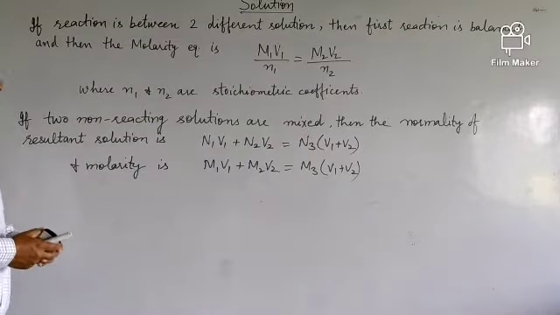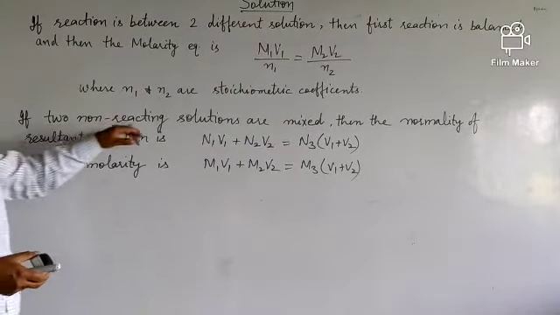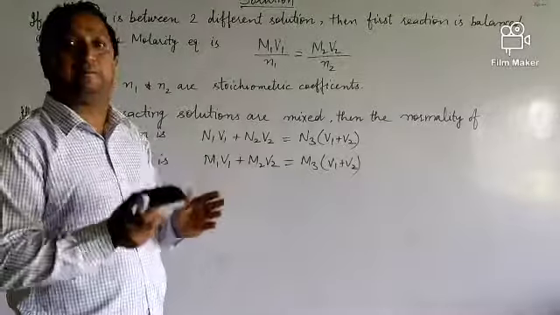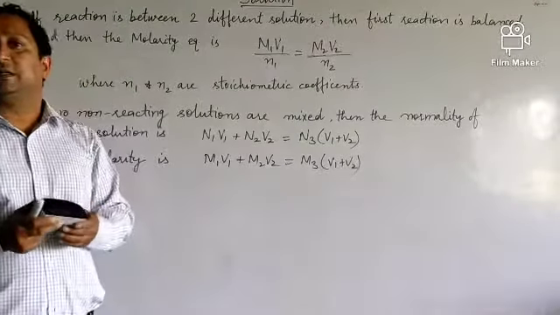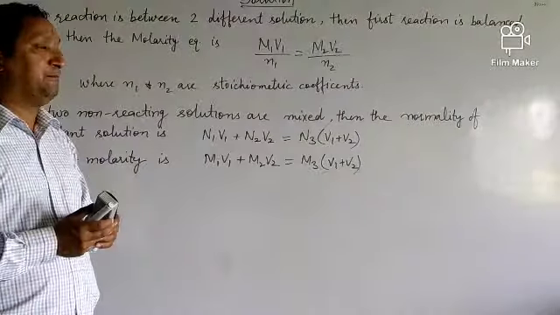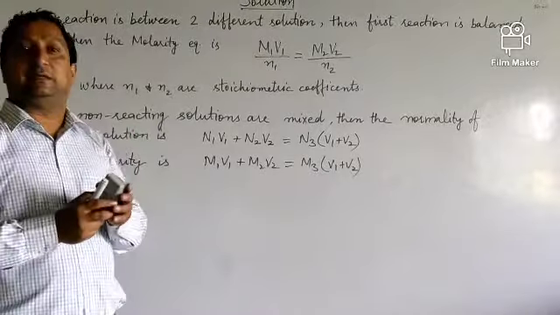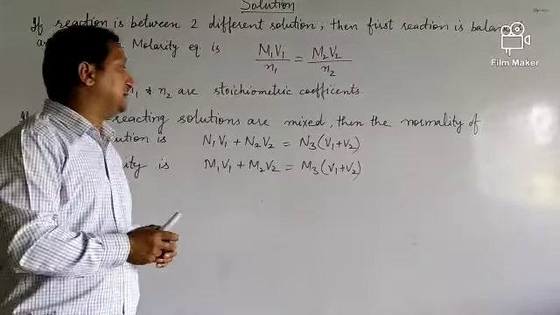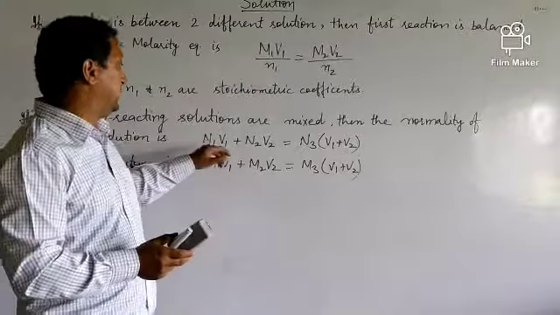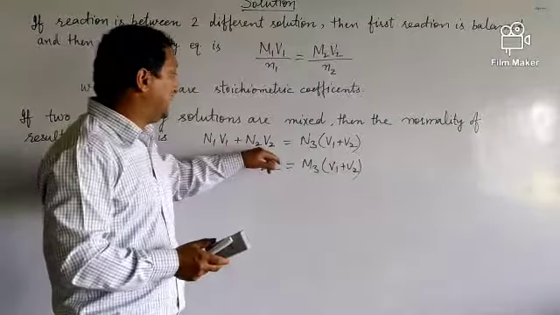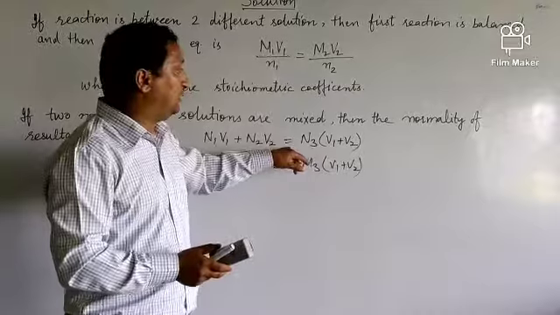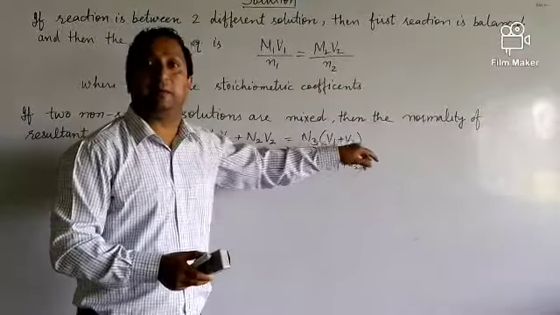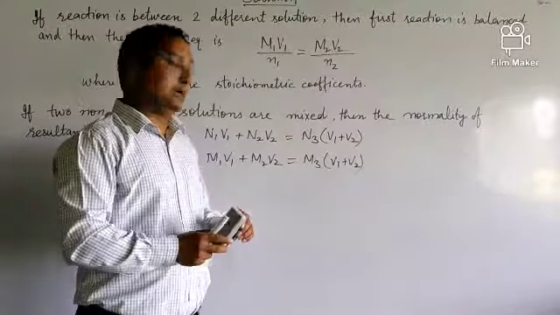Okay. Next, if two non-reacting solutions are mixed, two solutions which do not react with each other, then the normality of the resultant solution is found with the equation N1V1 plus N2V2 is equal to N3 into (V1 plus V2).